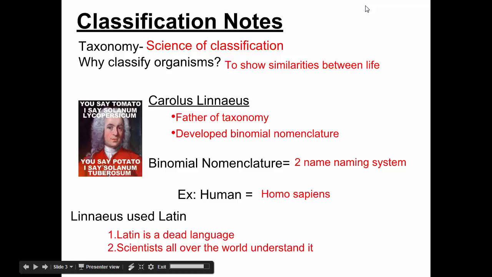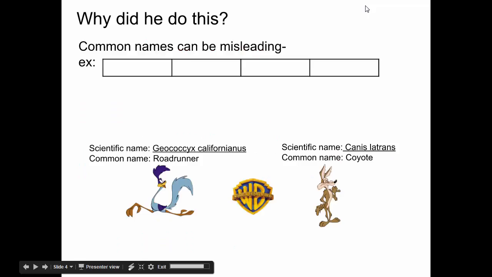Little joke there. So again, tomato is Solanum lycopersicum. A potato is Solanum tuberosum. That's their scientific name.